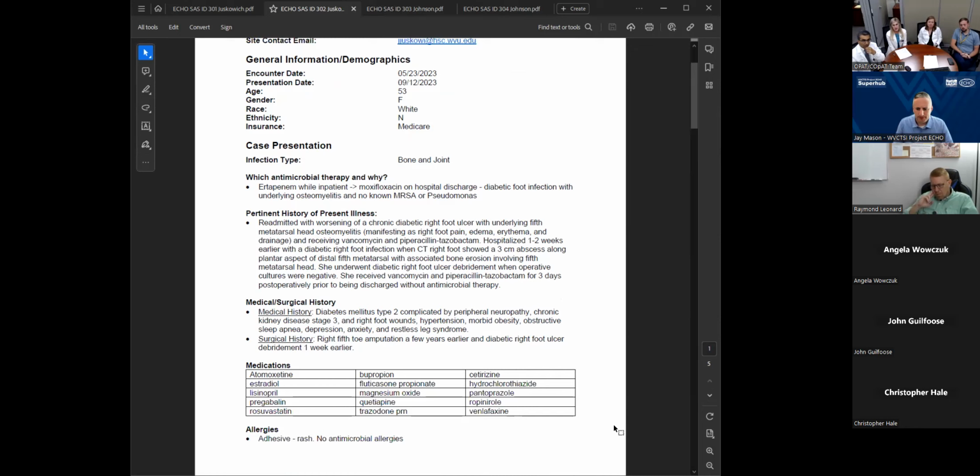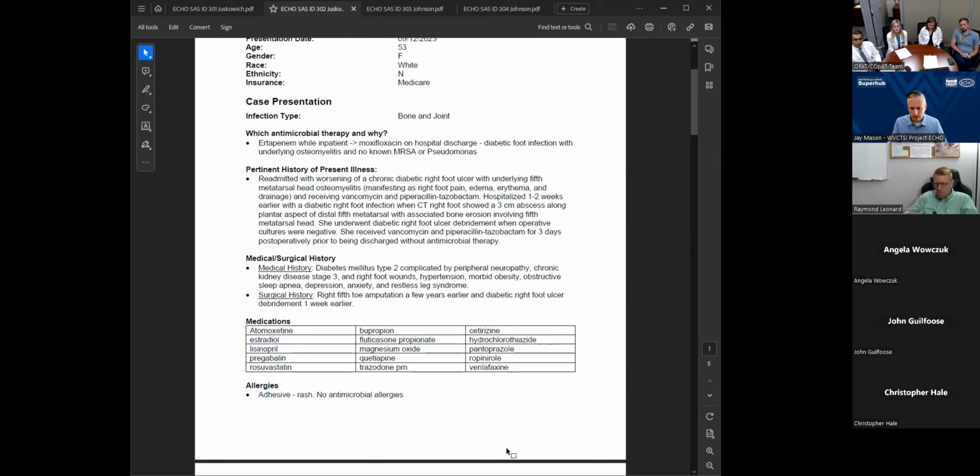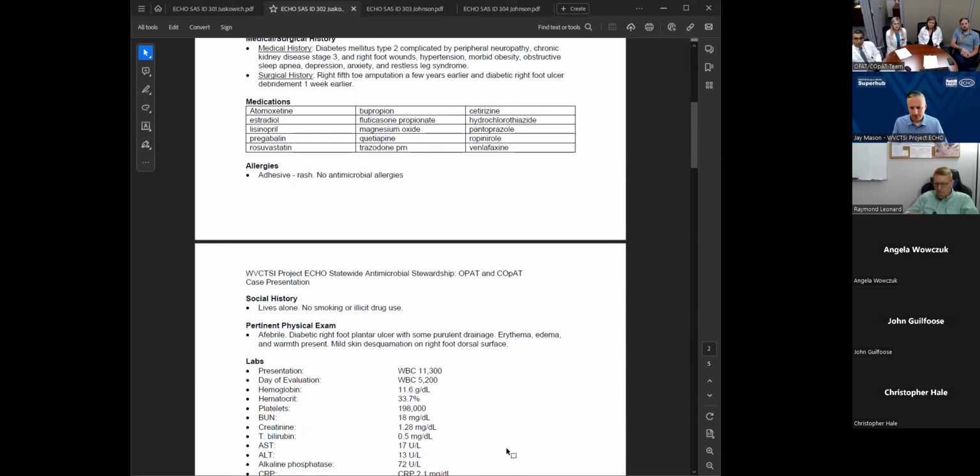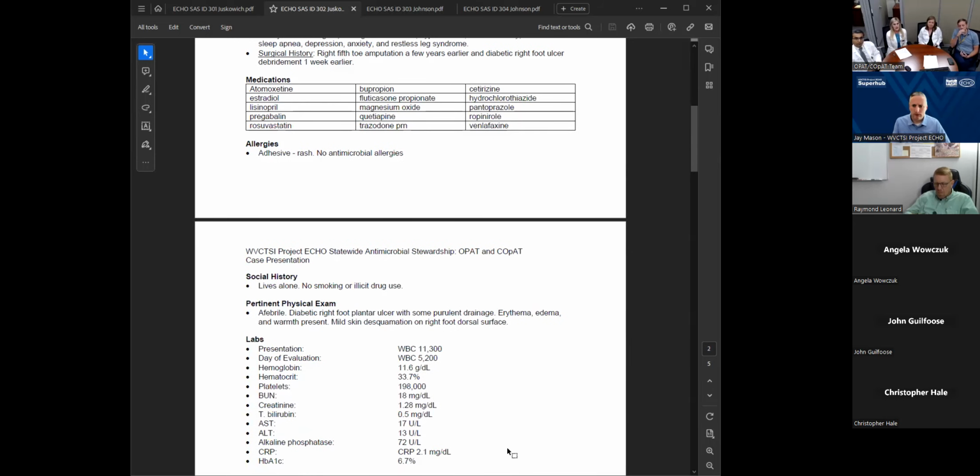Her surgical history, again, prior amputation, but what was really significant was the debridement about a week earlier, and now she's back in the hospital. So here is her medication list. You can see it includes some psychiatric medications as well as medication for diabetes. You can keep going down. No allergies, and she lives alone, no history of smoking or drug use.